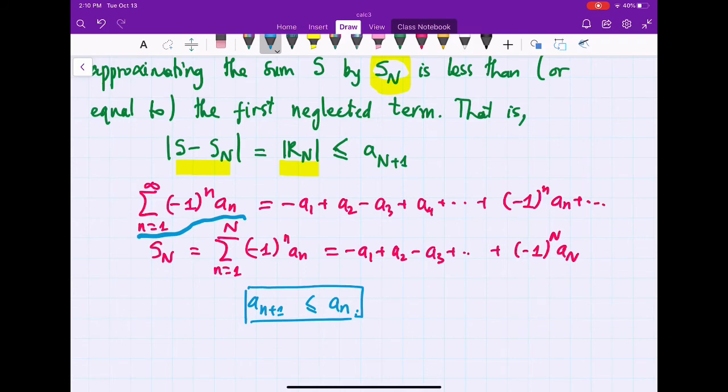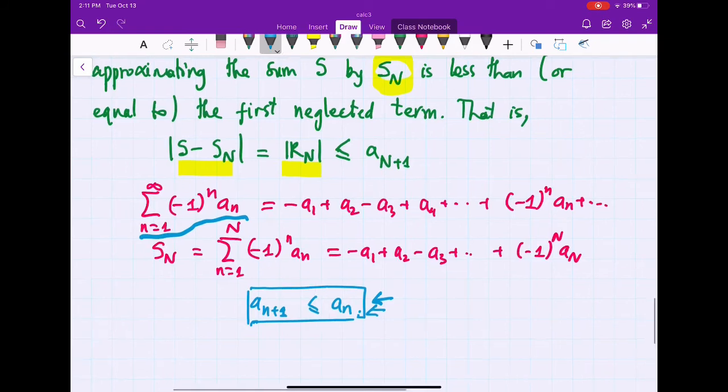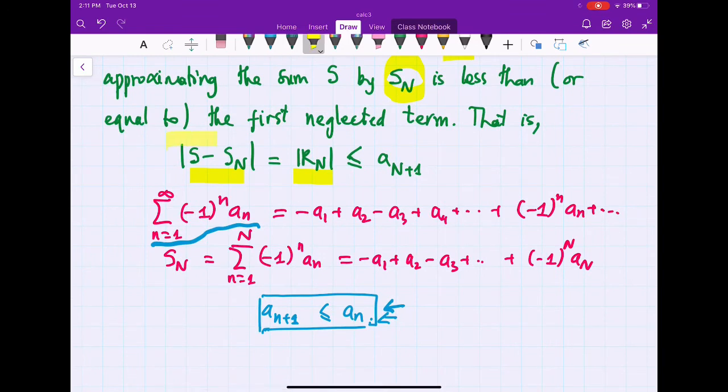I'm sorry, but not every convergent alternating series satisfies this condition. Does that make sense? So please don't be confused by that. Not every alternating series satisfies this condition. But if your alternating series satisfies this condition, we may use this inequality. Does that make sense?